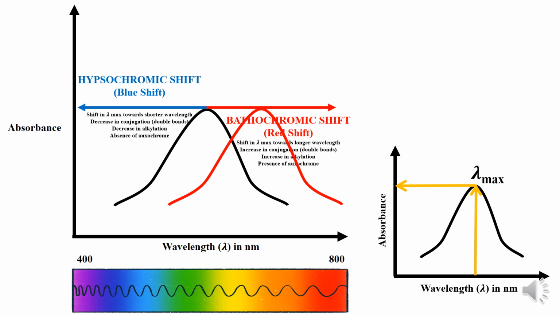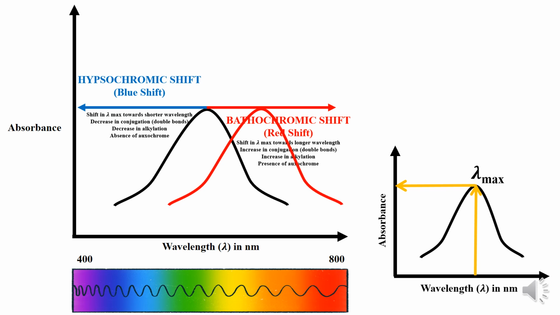Hypsochromic shift is also called as blue shift because, as you can see, during hypsochromic shift, there is a shift in lambda max towards shorter wavelength, that is towards the blue region. That is why this effect is also called as the blue shift. So that is about the bathochromic shift and the hypsochromic shift.